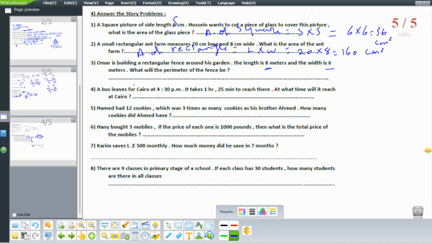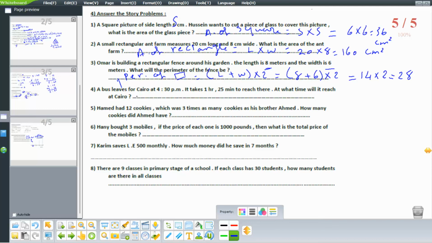Here we need to find the perimeter of a rectangle, which equals length plus width, times 2. The length equals 8 and the width equals 6. 8 plus 6 equals 14. 14 times 2 will be 28.